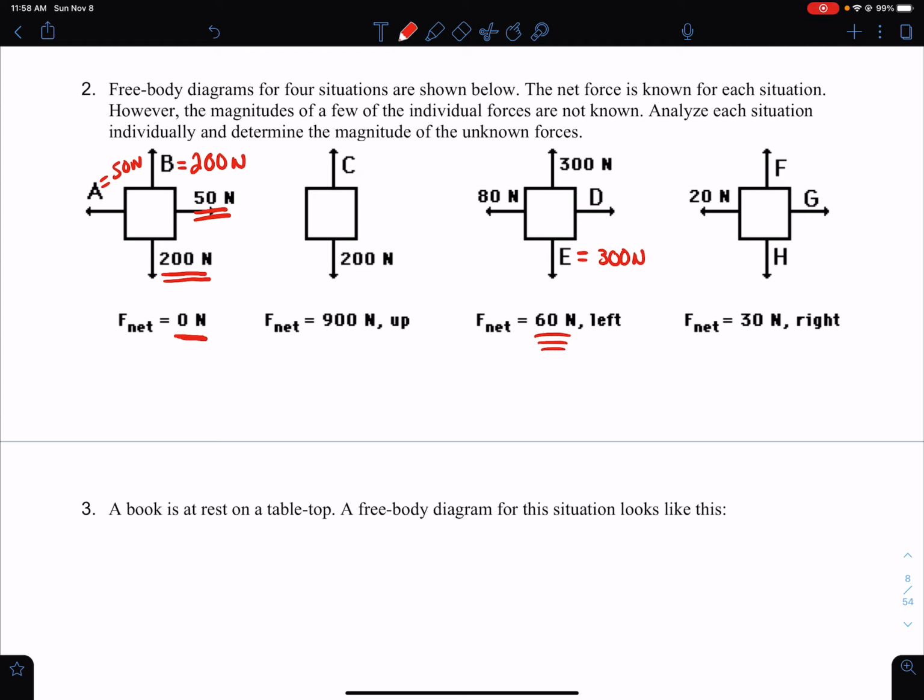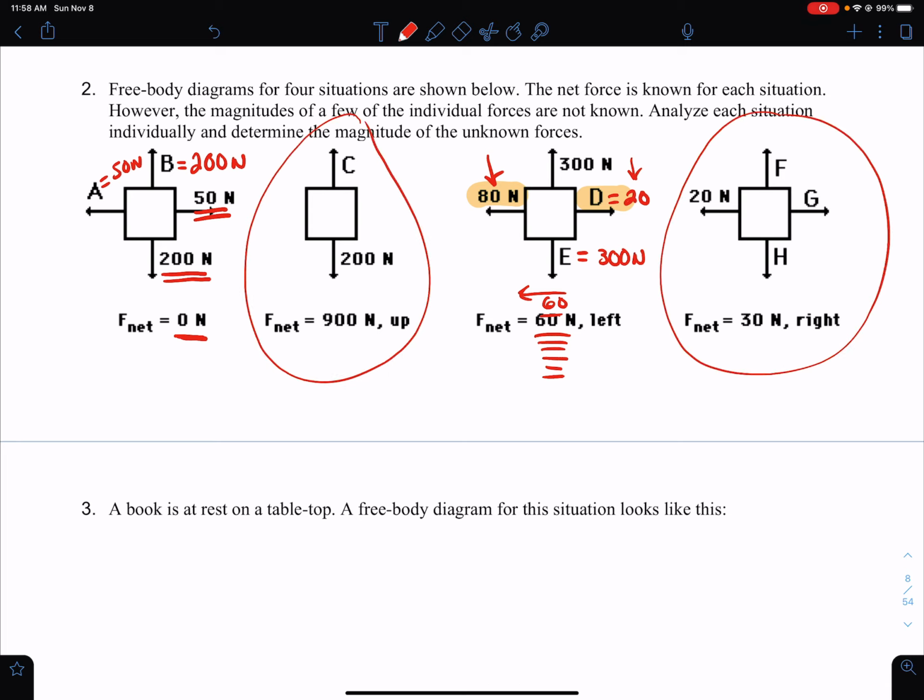Now, it says that it's 60 acting to the left. So if I added the 80 and then whatever D here is, my total would have to be 60 to the left. So D here has to be 20 newtons of force, because if I would take 80 minus 20, I'd get my 60.